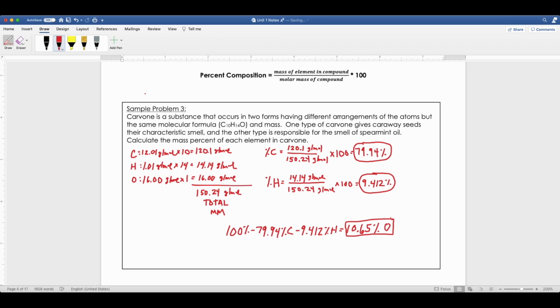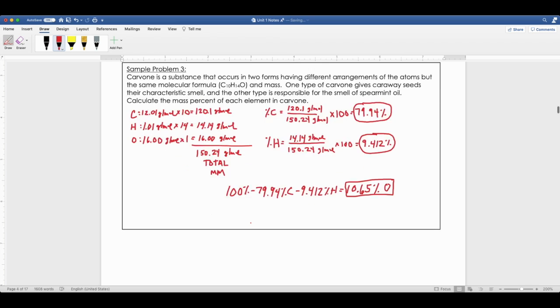And that's percent composition. It's just the percentage of the whole. And I was able to do that last part, of course, because that was the remaining element that was there. If you did 16 divided by 150.24 times 100, you should get the same exact value. But it is important to know that all the percent should add up to 100.